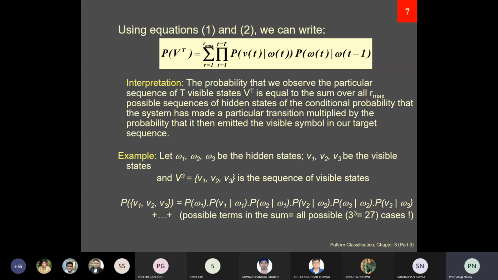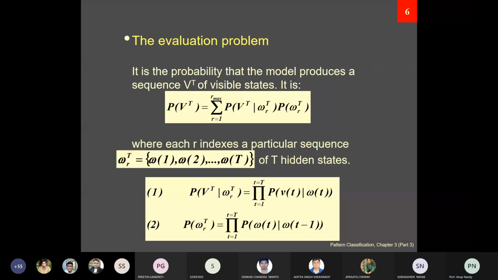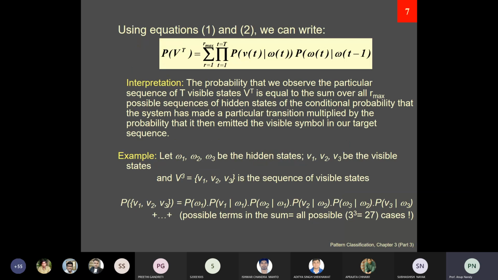You just have to plug in the formulas of P(VT given W^R_T) and P(W^R_T) into the main equation. Then you get the sum from r is equal to 1 to R max, then the product from t is equal to 1 to T. Now what is the interpretation of this?